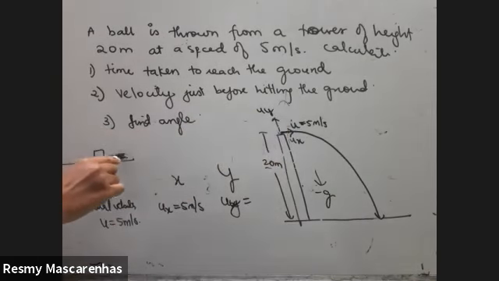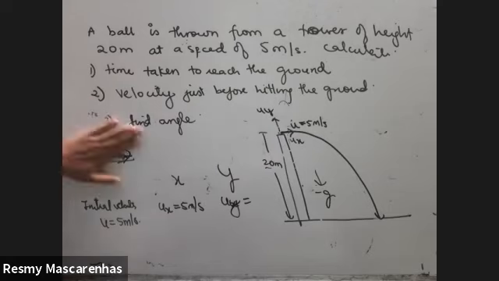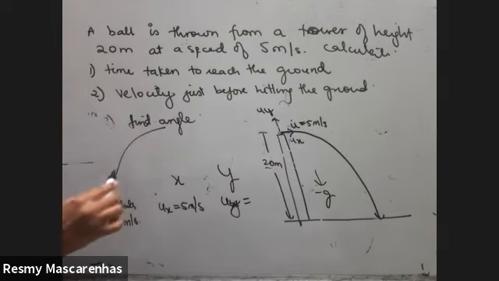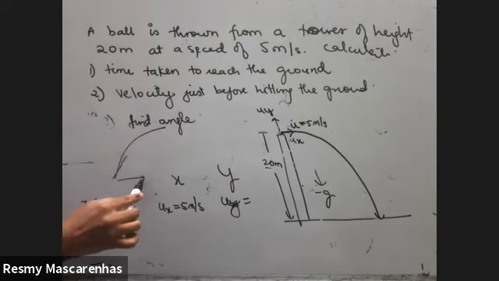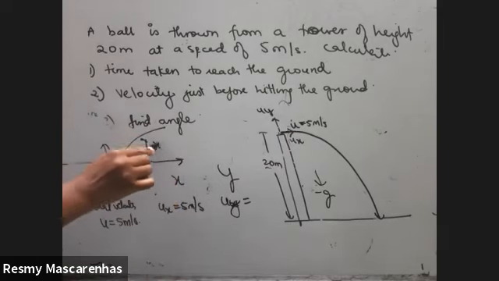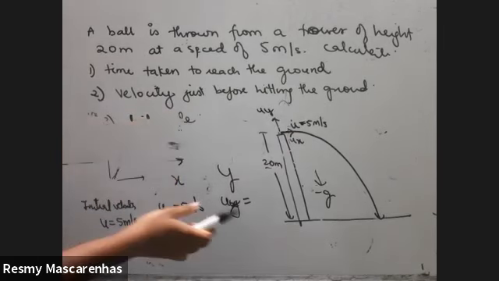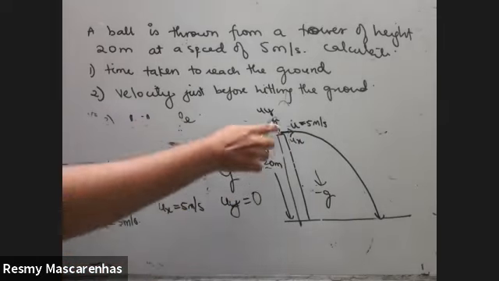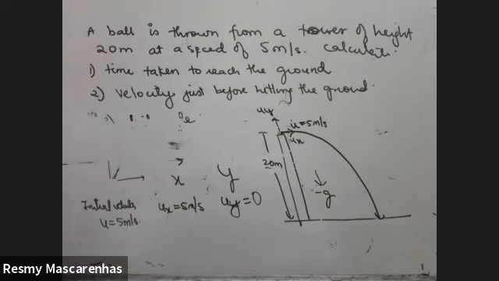Whenever you are going straight on the road, your vertical component is always 0. If it was slanting, you'd be going in x as well as y. But if you're going straight, obviously this part is 0. So your Uy will always be 0, because the ball is not going up.